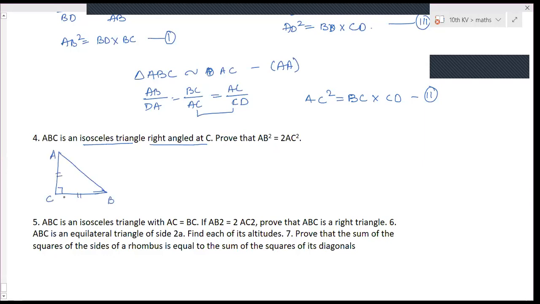That means AC and BC are equal. So use Pythagoras theorem. AB square is equal to AC square plus BC square. AC and BC are equal, so AC square plus AC square will become 2AC square. That's it.